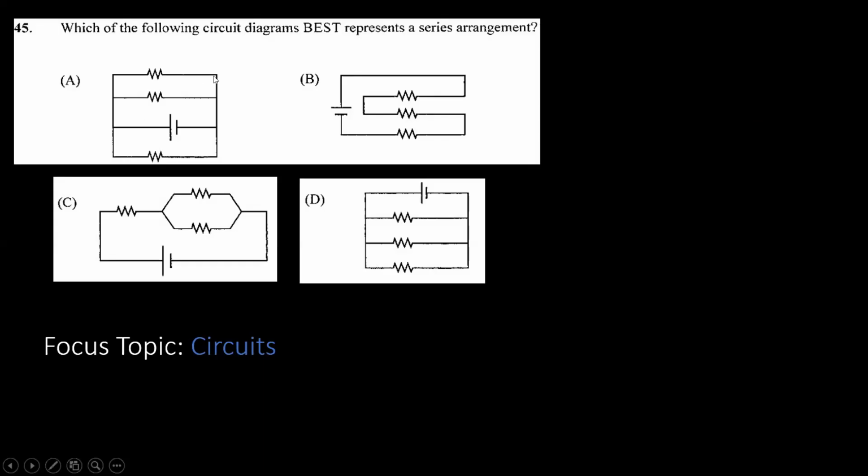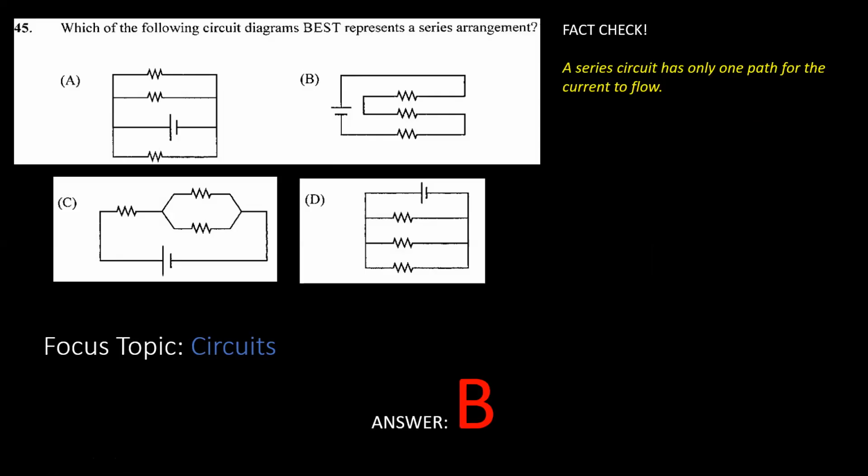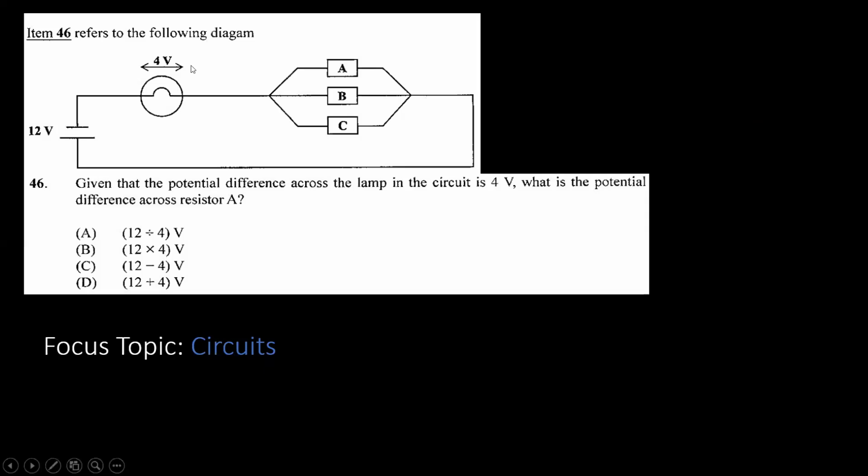45. Which of the following circuit diagrams best represents a series arrangement? Remember that in a series circuit, there's only one path for the current to flow, and therefore only B shows that arrangement. 46.